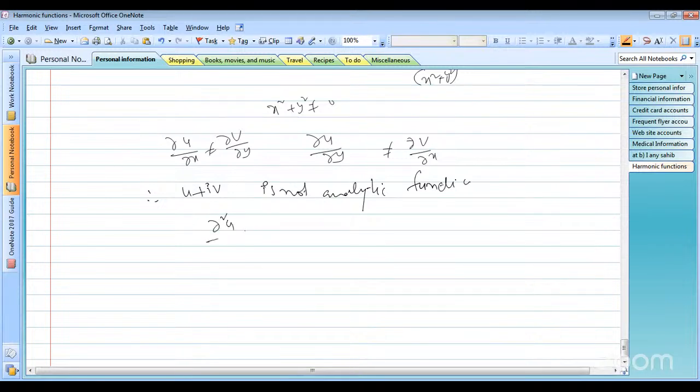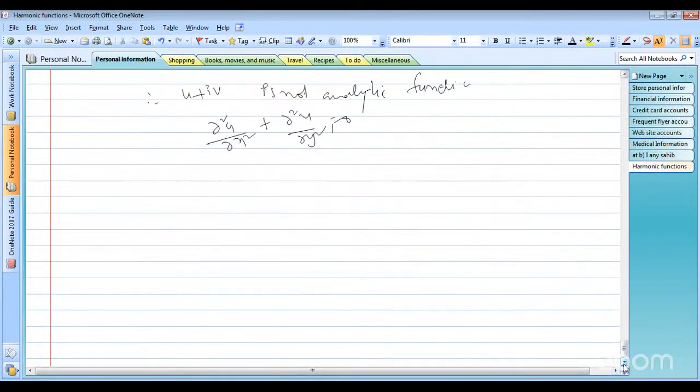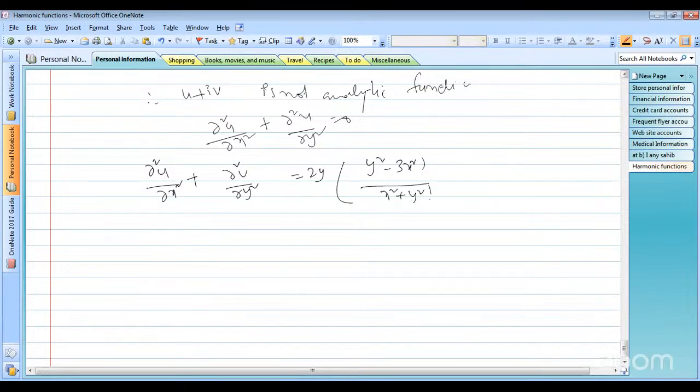So u and v are harmonic functions, we know that dou square u by dou x square plus dou square u by dou y square is equal to 0. So now I am applying the values here. Dou square u by dou x square plus dou square u by dou y square is equal to 2y, I'm simplifying the above values: y square minus 3x square by x square plus y square whole cube, plus 3x square minus y square by x square plus y square whole cube into 2y is equal to 0.